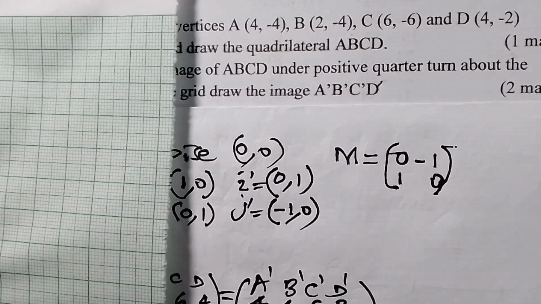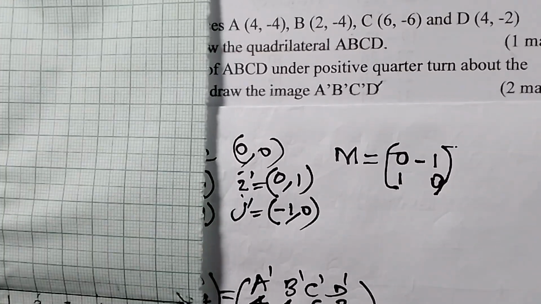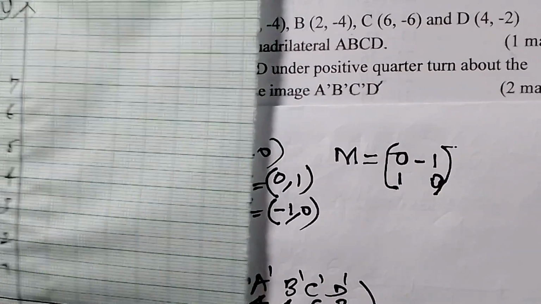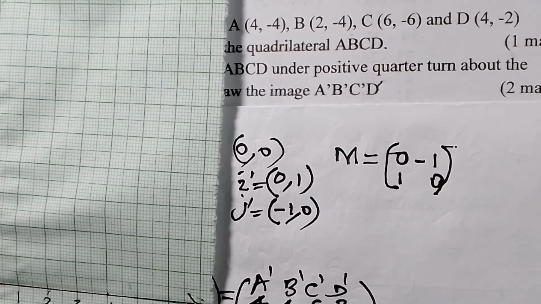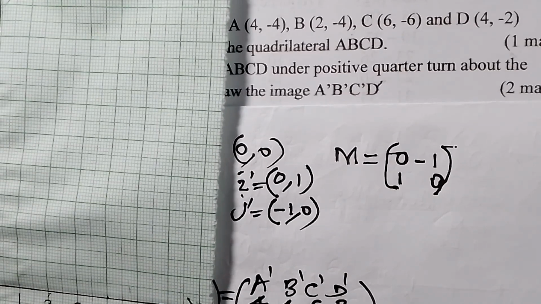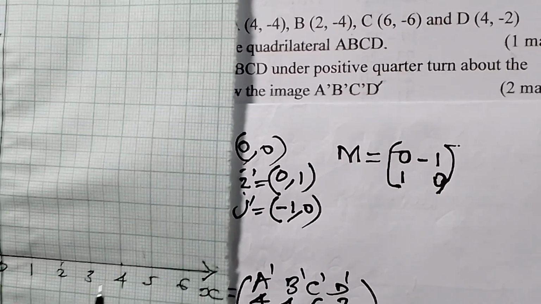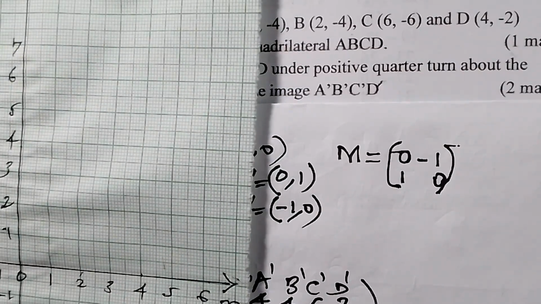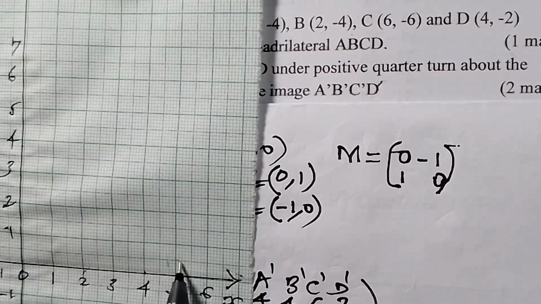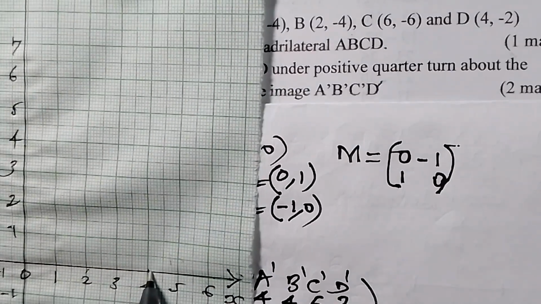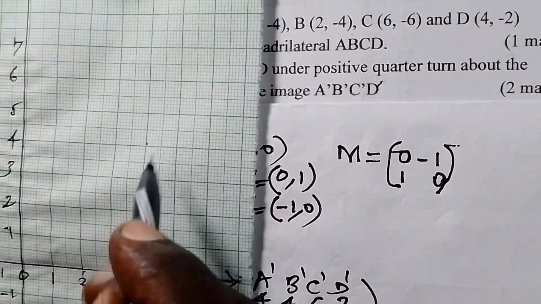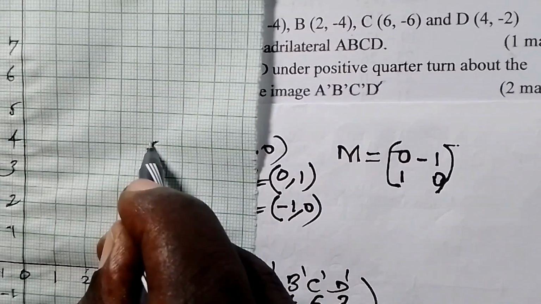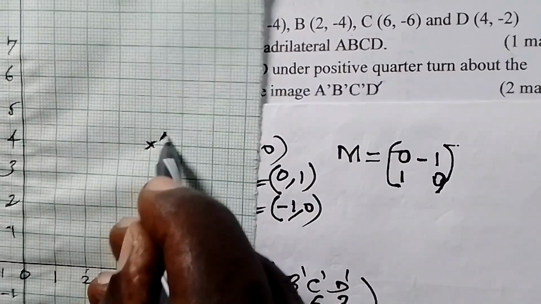So we now come to our grid and we draw the points that we require. A1 is 4, 4. So this is 4, 4 up here, put a mark. That is A1.